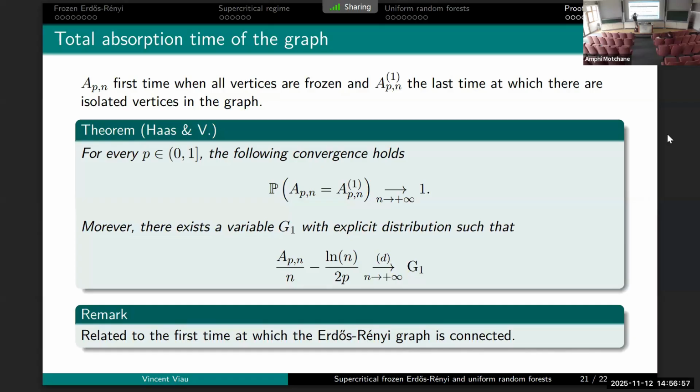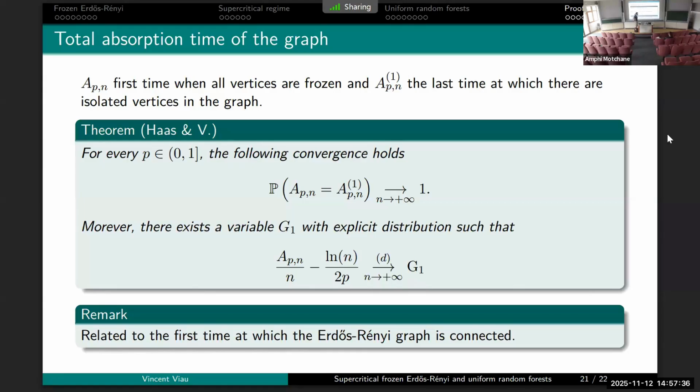So we can completely determine its distribution. We have its complete distribution, and if I remember well, again, it depends on an integral of the fluid limit for the number of frozen vertices.